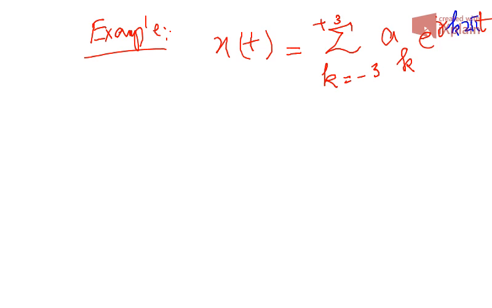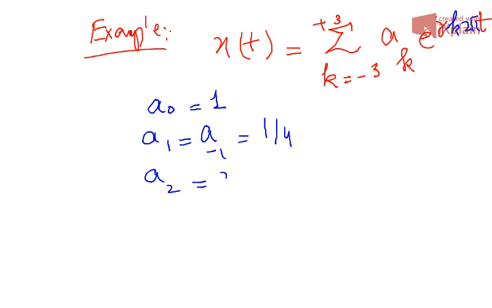So we have known frequencies, right? Fundamentals. Now for k, keep in mind, and with this expression, suppose we are also given that a naught is equal to 1, and suppose a1 and a of minus 1 are equal, and both are equal to 1 by 4, and suppose a2 and a of minus 2 are also equal, and they are given 1 by 2.